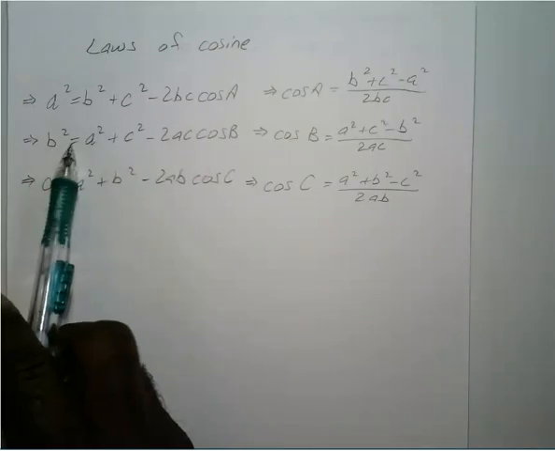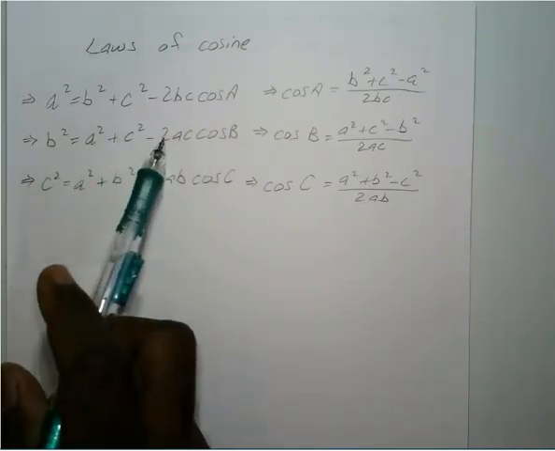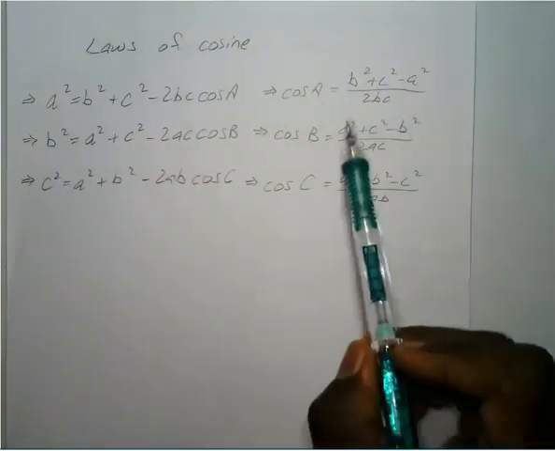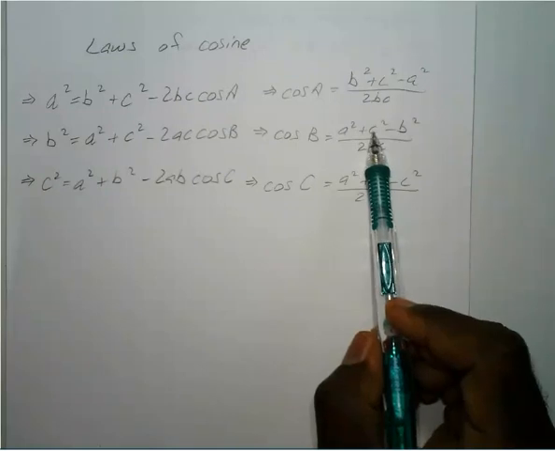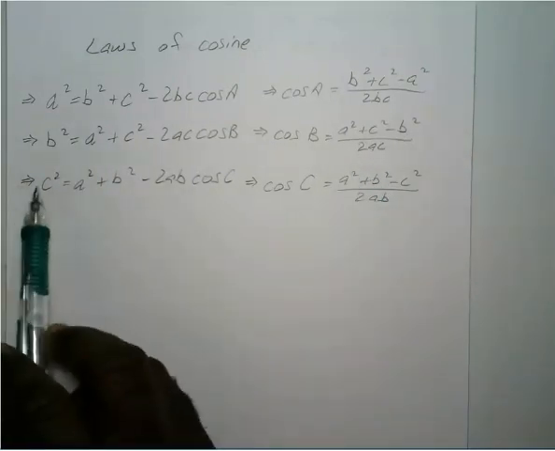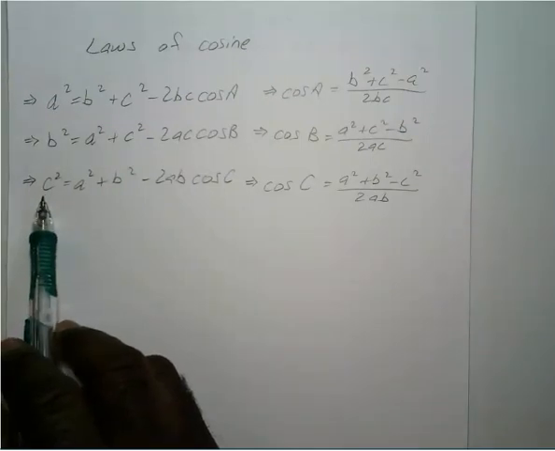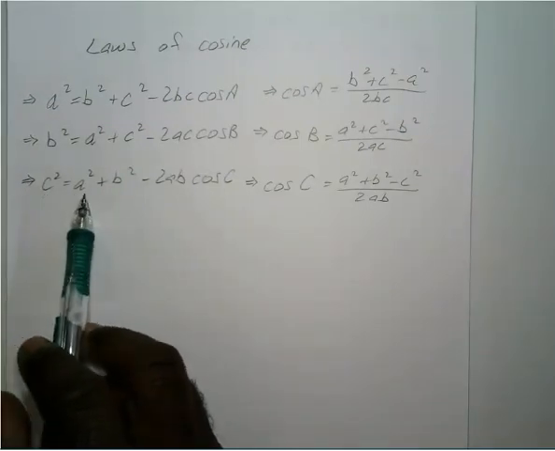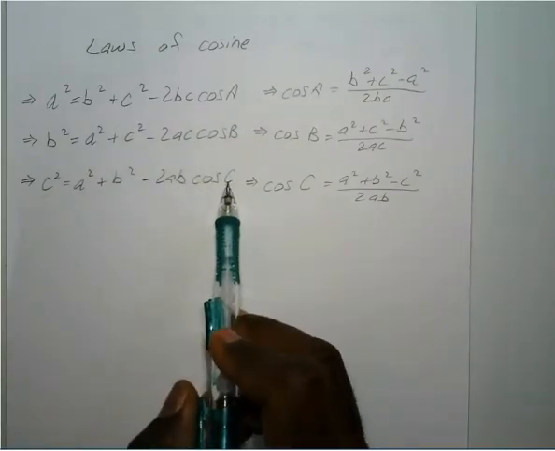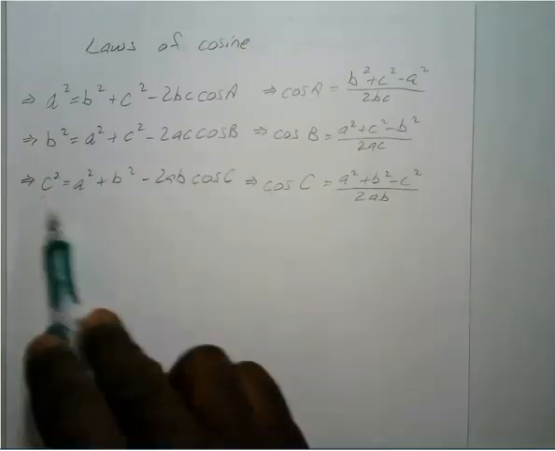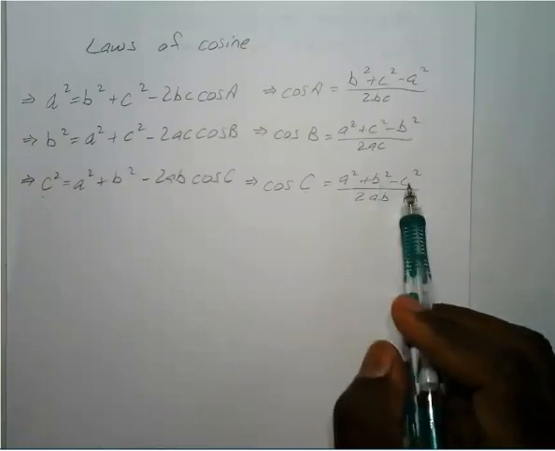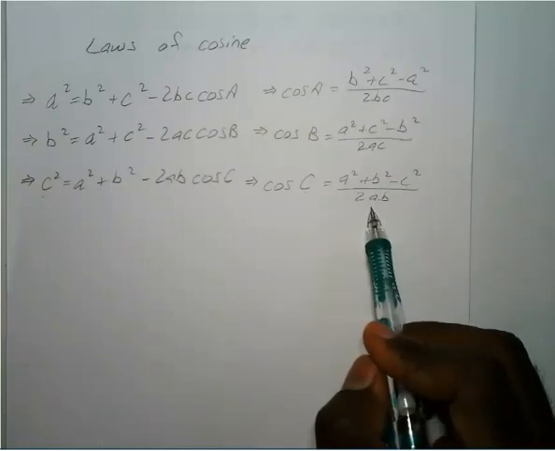You have b squared is equal to a squared plus c squared minus 2ac times cosine B, or solved for cosine of B, it is a squared plus c squared minus b squared over 2ac. Now, if you want to solve for side c, you have c squared equals a squared plus b squared minus 2ab times cosine of angle C. Or solving for cosine of angle C, that's equal to a squared plus b squared minus c squared over 2 times a times b.